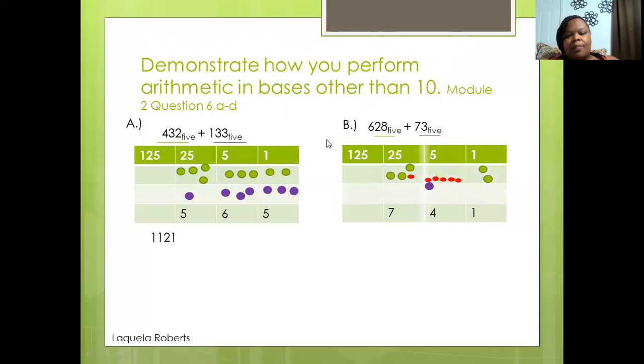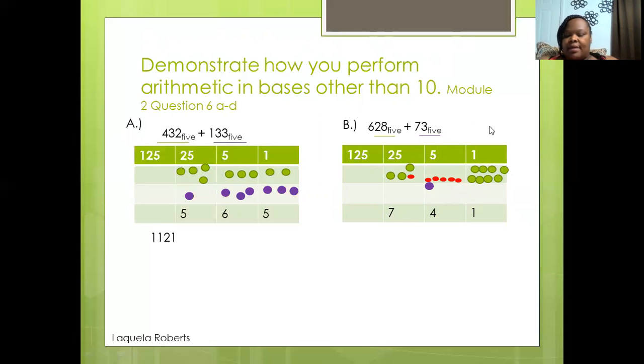B. All right. For 628, we got 1, 2, 3, 4. There's none for 5, 5, 6, 7, 8.